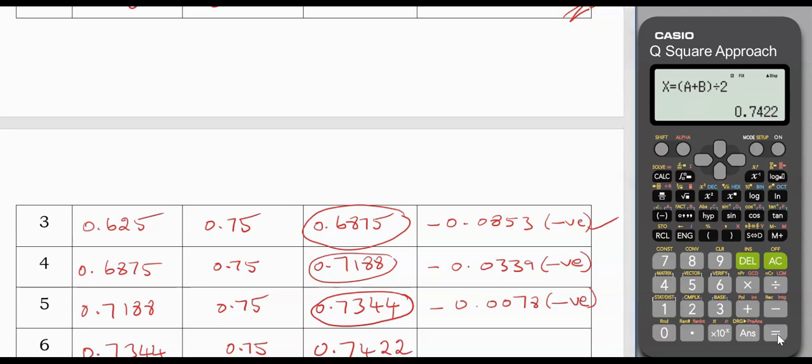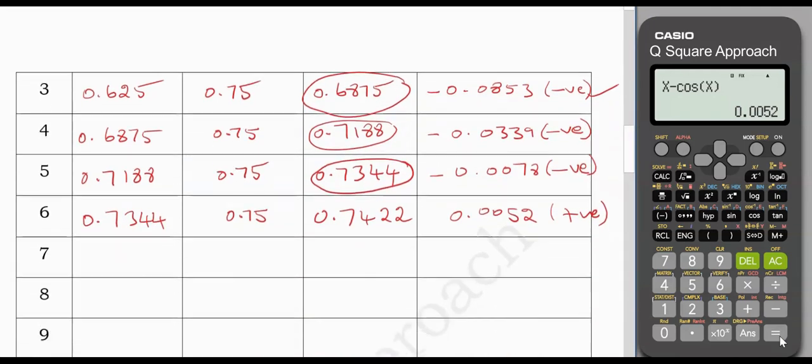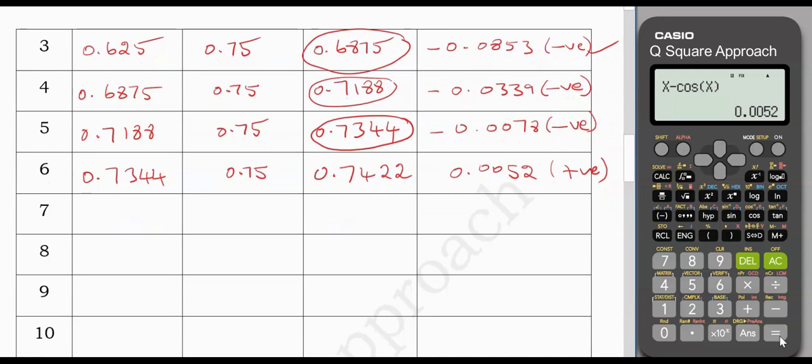0.7422, and again plus equal, the function value is 0.0052. This is positive, and we know the root lies between one positive and one negative. So the current value is positive, the previous value is negative. So the root lies between 0.7344 and 0.7422.